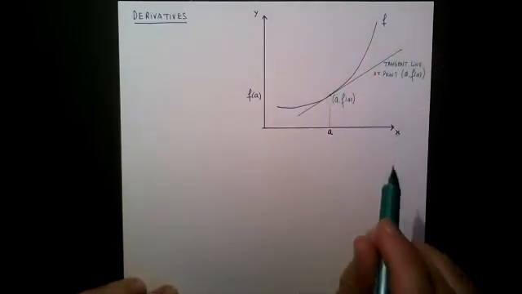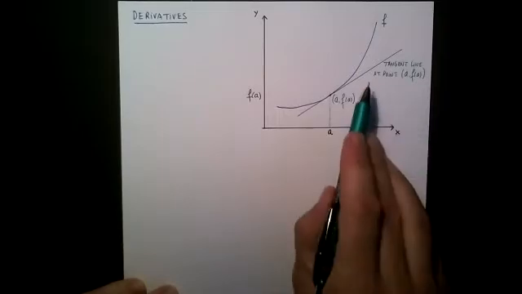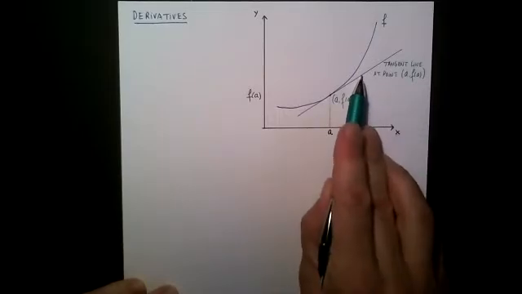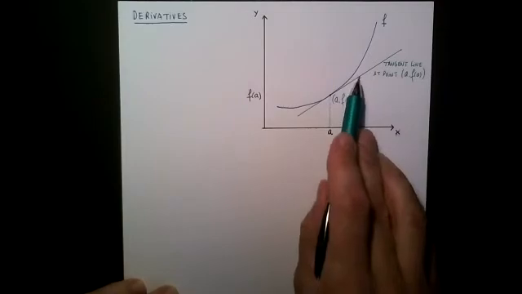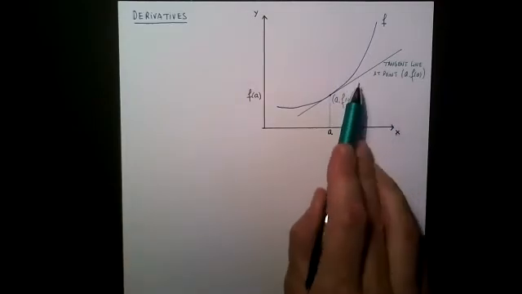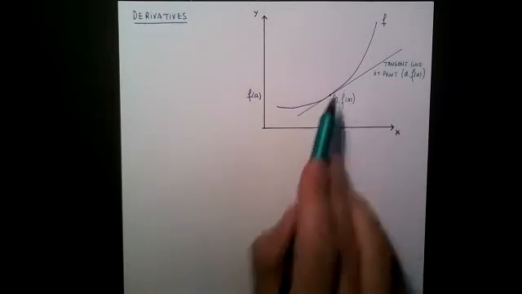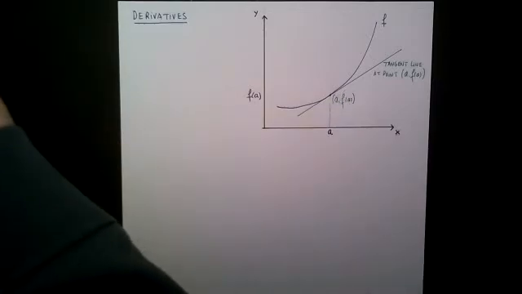Now I'm very interested in finding the derivative, the slope of this line. The slope of this line here is what we call the derivative of the function at that point. So I'm going to write it down.